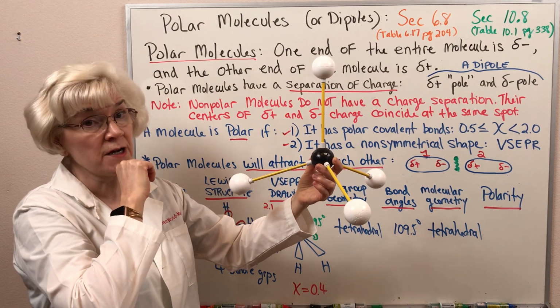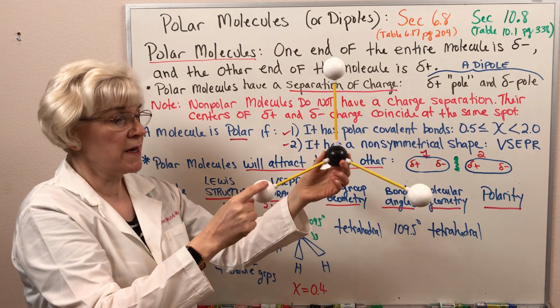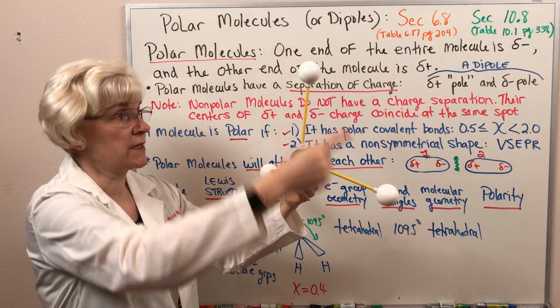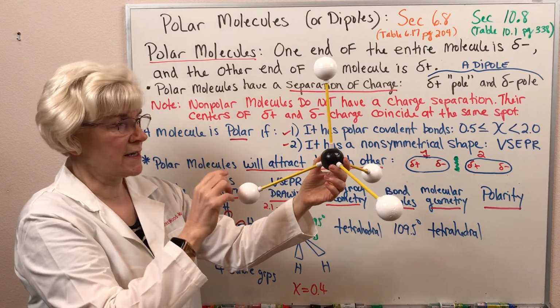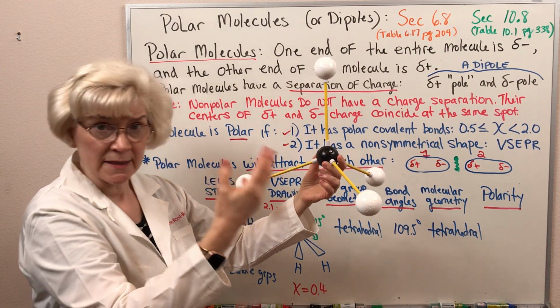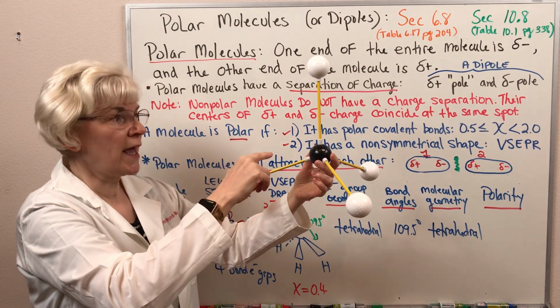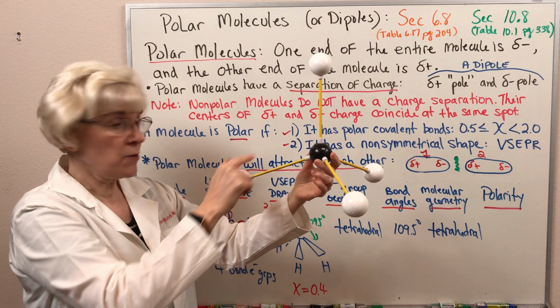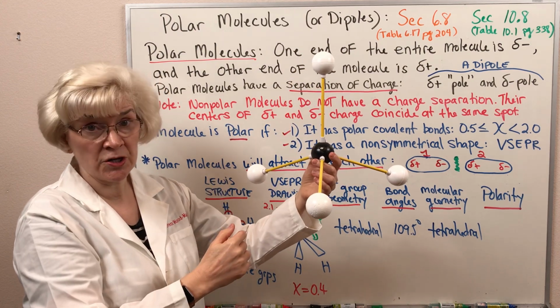Where would the center of partial positive charge have to be if each of the hydrogens was partially positive? The center of partial positive is an idea like a center of gravity. What point would you locate where you're equidistant between all of the partial positive charges?